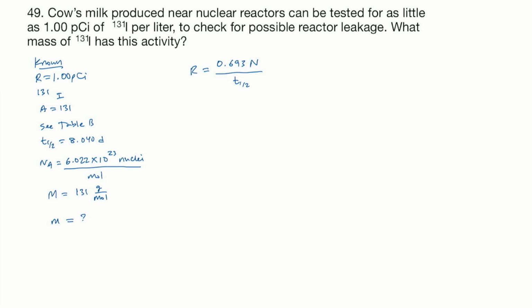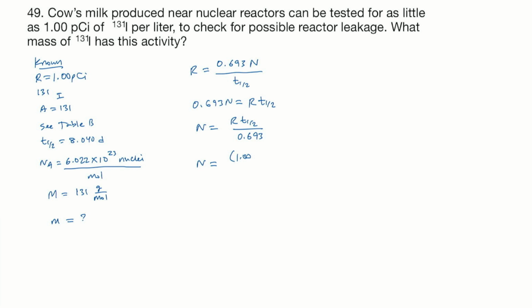Okay. Let's find the N. And so we have 0.693 N is R times the half-life. So N is R times the half-life divided by 0.693.